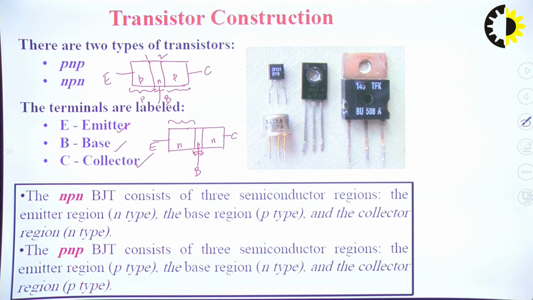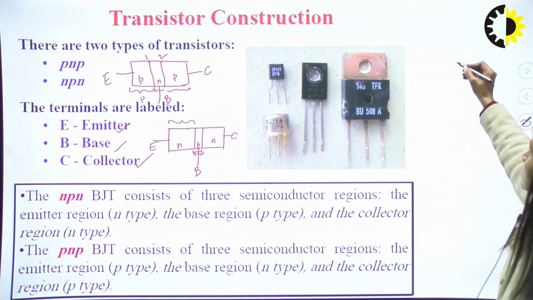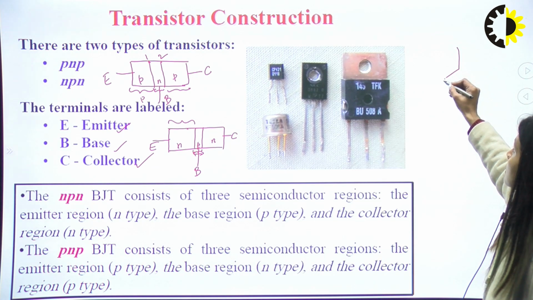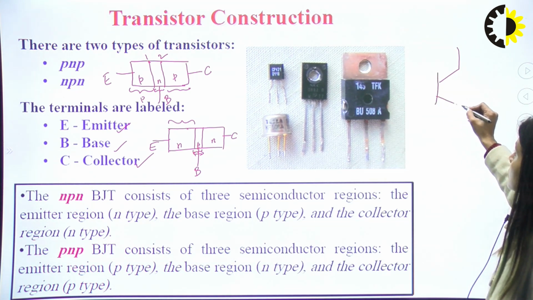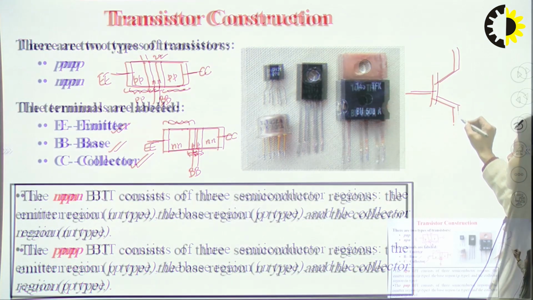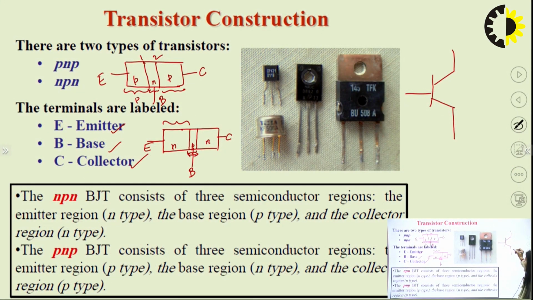So if I talk in terms of symbol, this is the symbol for the transistor. So let's say I am making the PNP, P, N and P, right?